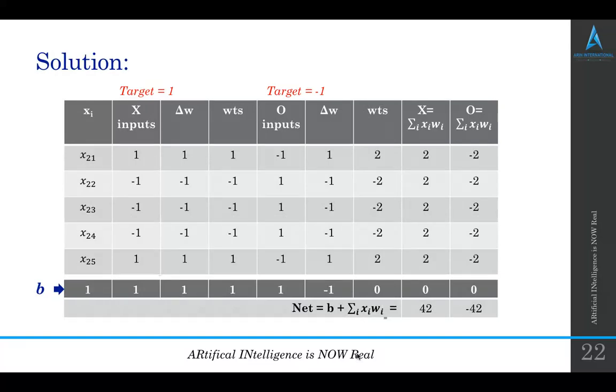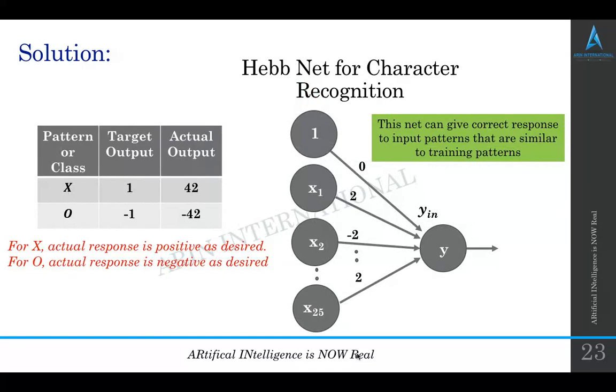So finally, we get the final weight and bias values. So this is the HebNet for the given character recognition application.